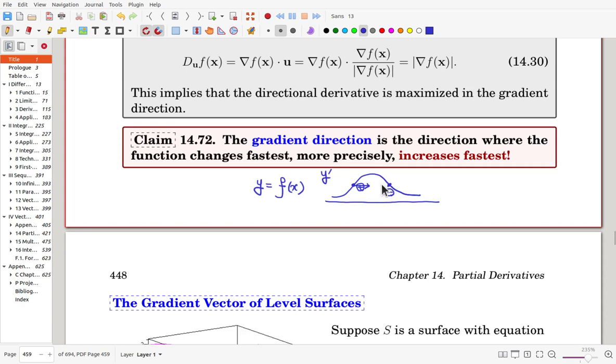Now negative means that direction. So this is always increasing direction. This is increasing direction. So derivative is always the increasing direction. And gradient for two or three variables, the gradient is the fastest increasing direction. Okay?